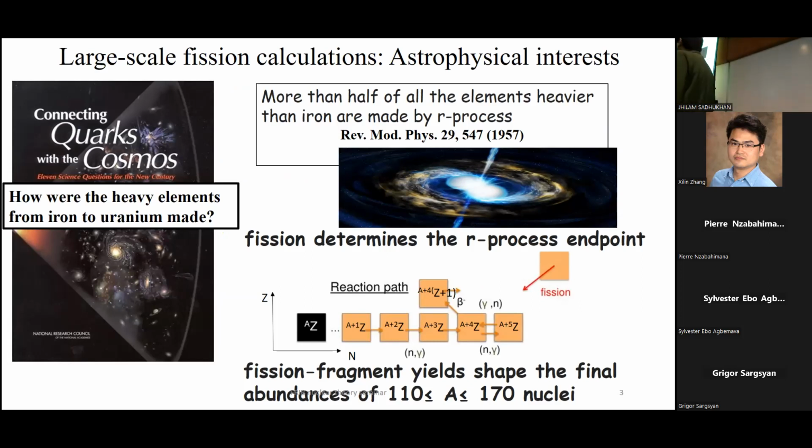In this process, one seed nucleus keeps absorbing neutrons, and then it may beta decay. In this way, a very heavy system is formed. This system then undergoes fission, and it decides the final yield of the nucleosynthesis process. Fission fragments will shape the final abundances between mass 110 and 170.